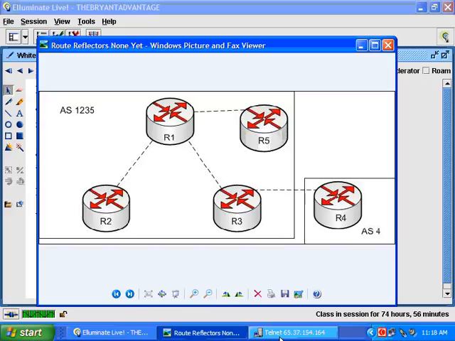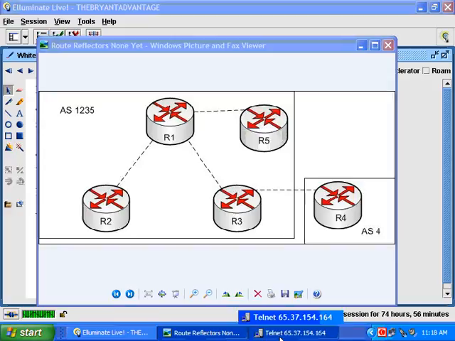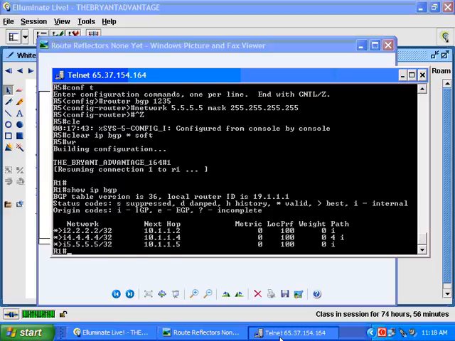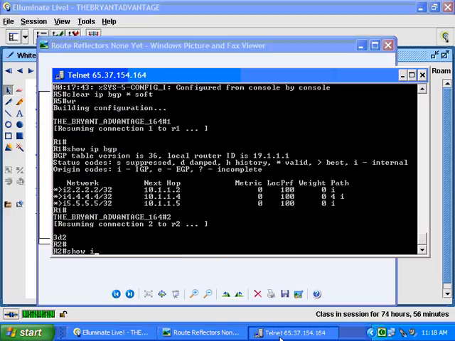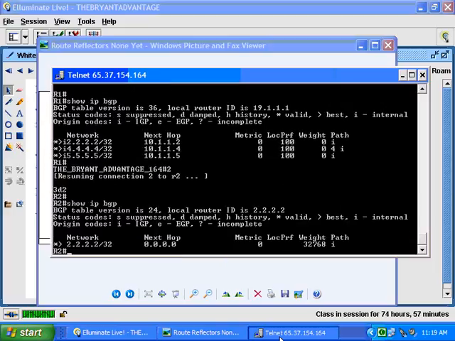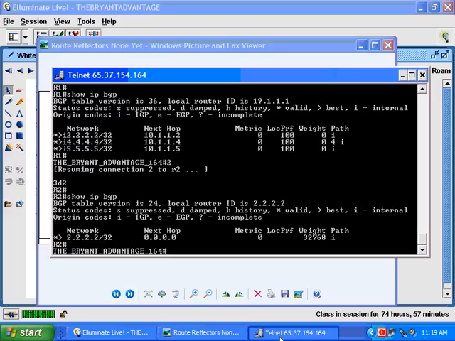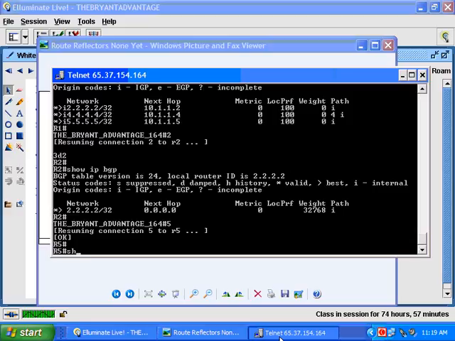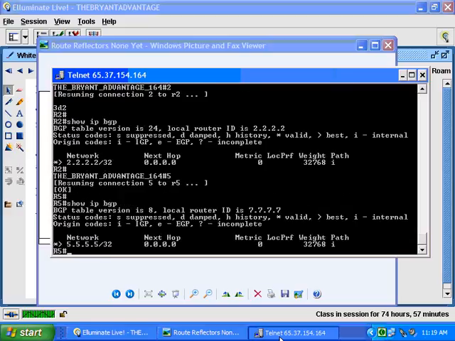So they're all fine. Will router 2 see router 5's loopback? Will router 5 see router 2's loopback? Will router 3 see either one of those loopbacks? Let's see. Let's go to router 2. Looks suspiciously the same as it did before, right? Let's go over to 5. Looks like it did before.